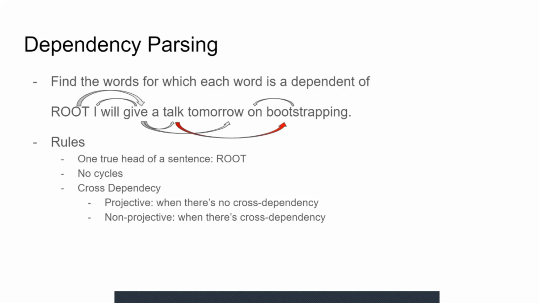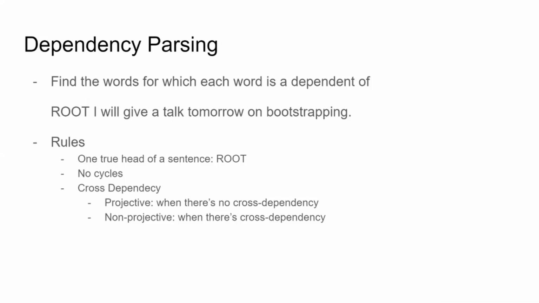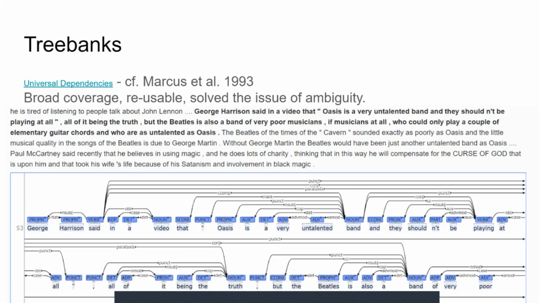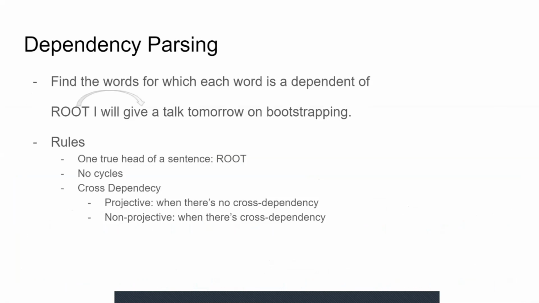For most cases, including the example I show here, which is a large sentence, nothing is crossing. The arrows are all either inside each other or flying over each other, but they don't have what we have here, like this red arrow. This is something the machine has trouble processing.